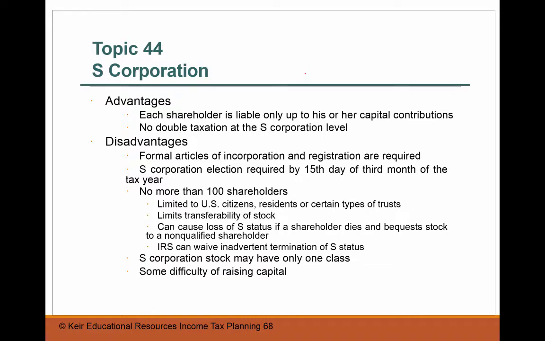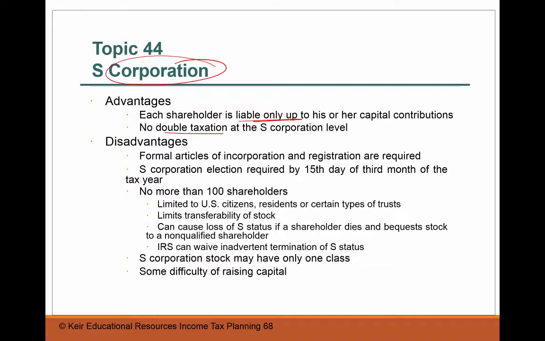Now, an S Corp is probably one of the most recommended forms of corporations, because each shareholder is liable only up to their capital contributions. You have the corporation form, but you don't have double taxation, because at the S Corp level, there are particular rules. You can't have more than 75 shareholders.